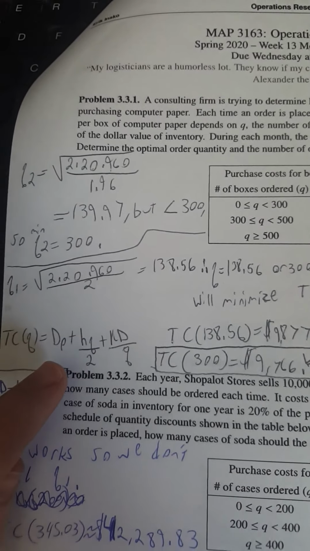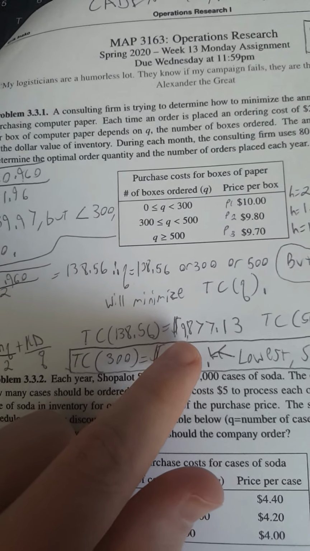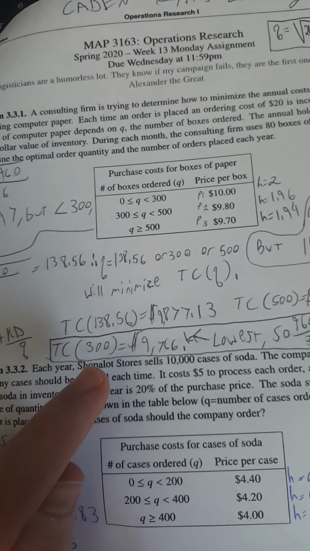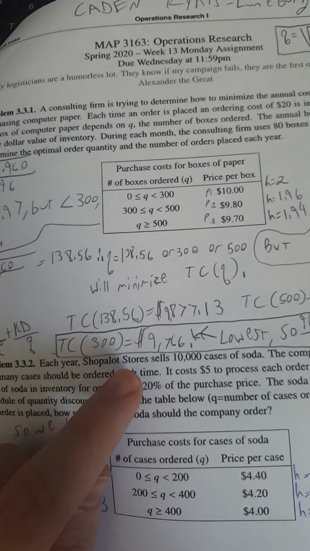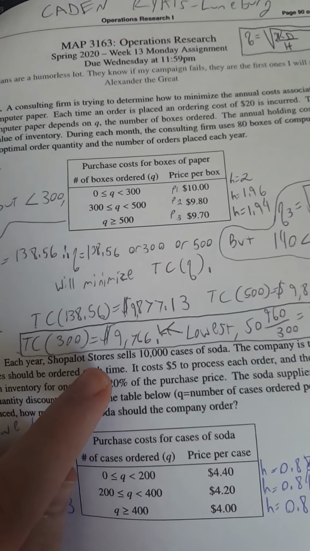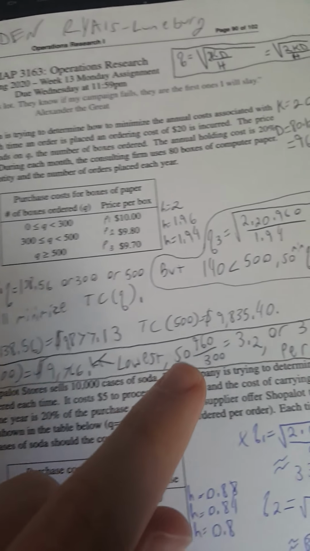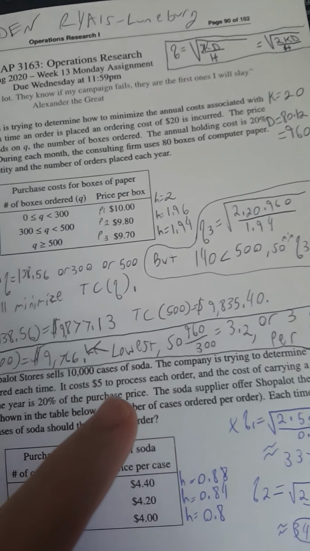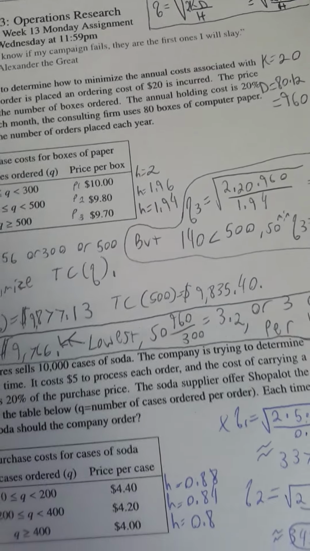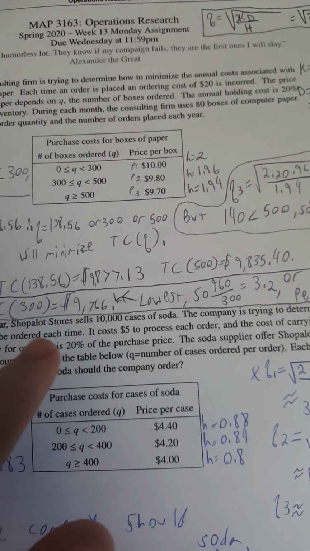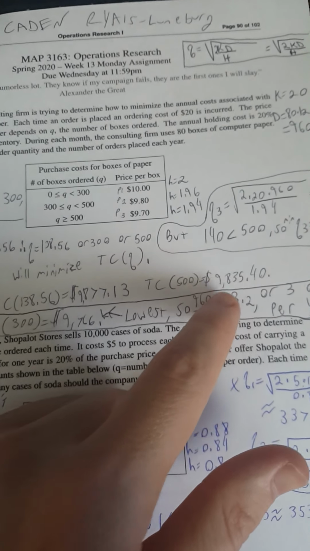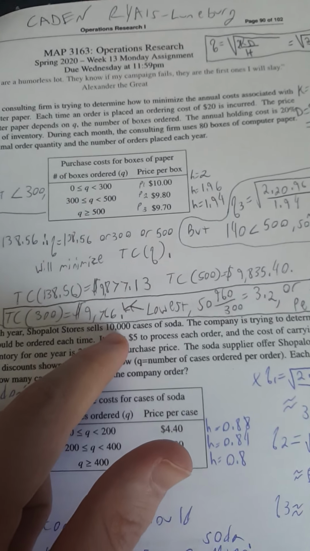For Q1, we get a total cost of $9,877.13. For 300, we get $9,766. And for 500, we get $9,835.40. So we have those three potential total costs. That's smaller than that, but this one is smaller than both of them.